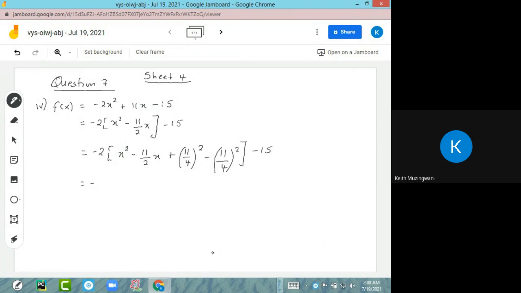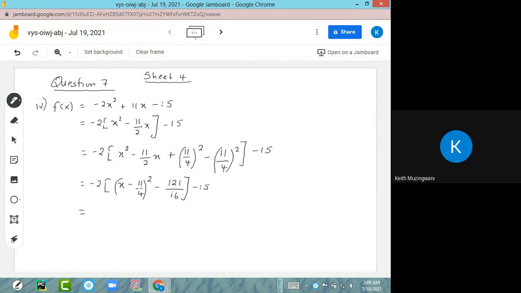This means that negative 2 is still outside, as we get x minus 11 over 4, squared, minus, we expand the 11 there, we get 121. If we square 4, we get 16, minus 15.